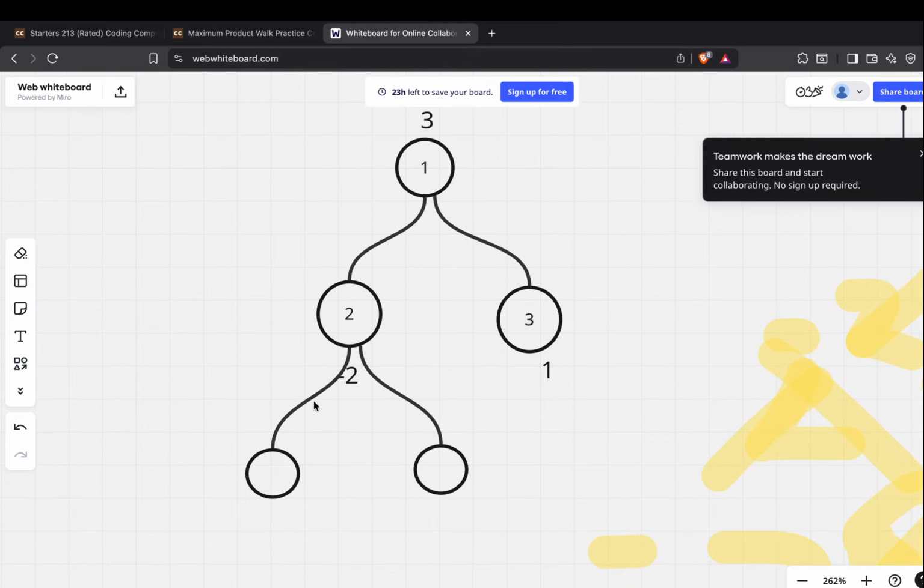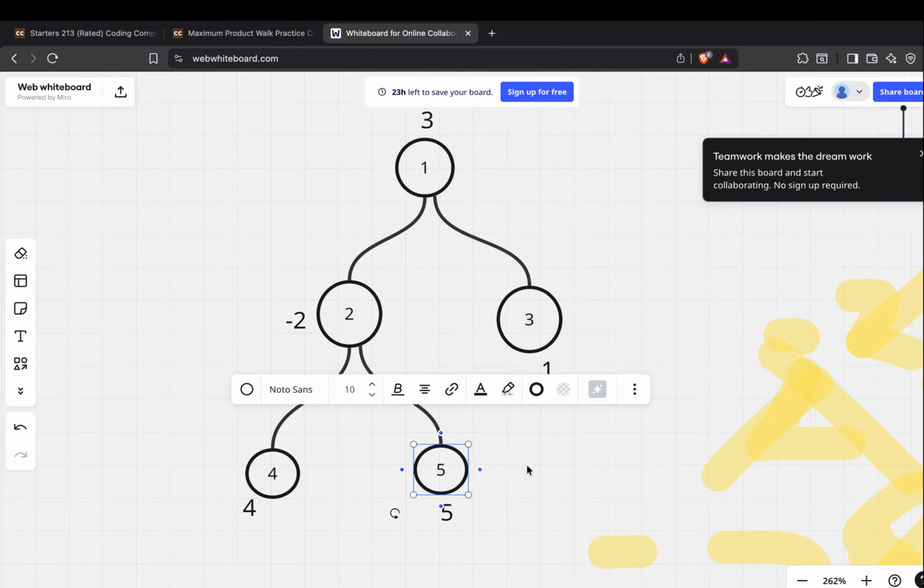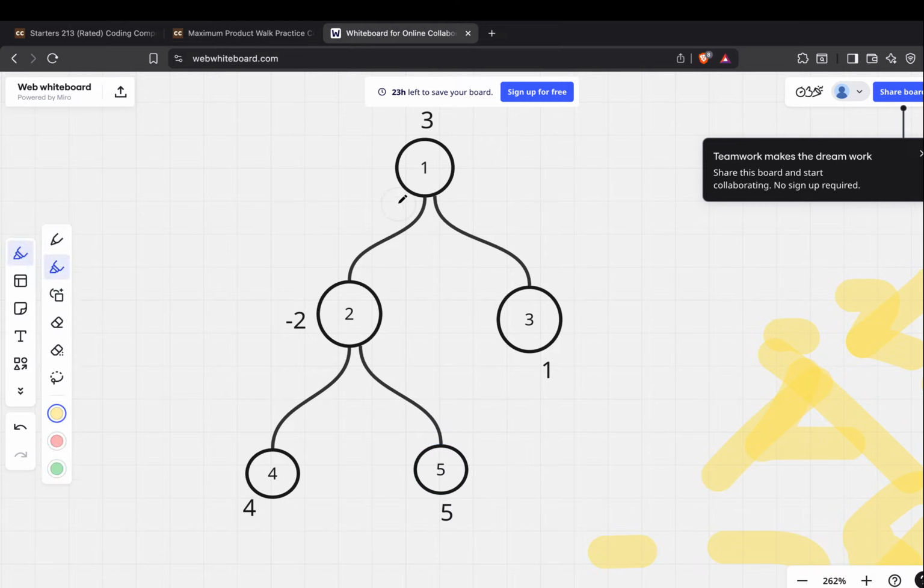If these two nodes were the children as well, and it consisted of positive numbers, let's say 4 and let's say 5, what could we have chosen?